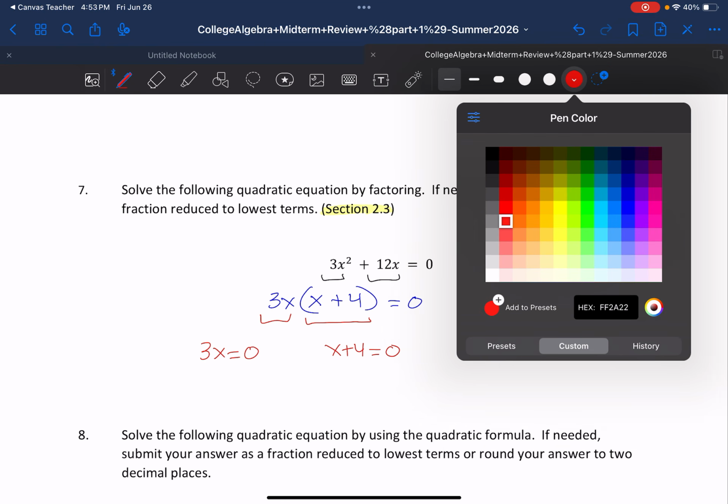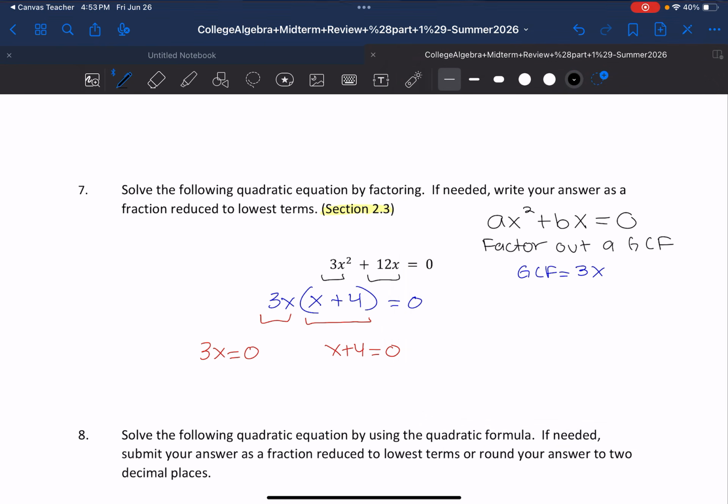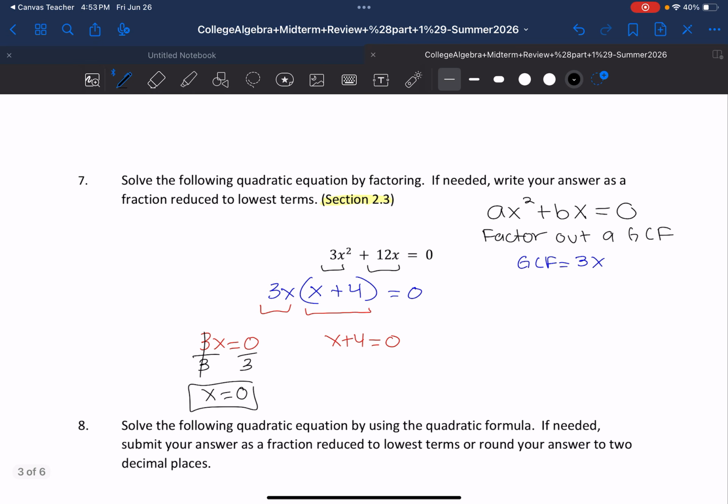So on the first one, you can divide both sides by 3 to get rid of the 3, and x would just be equal to 0, because 0 divided by anything is still 0. The next one, you have to subtract 4 to both sides, so x would be equal to negative 4, and that would be your answer.